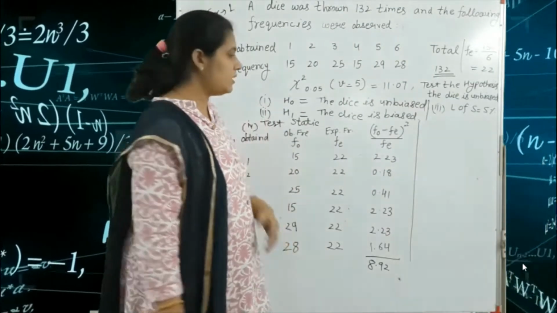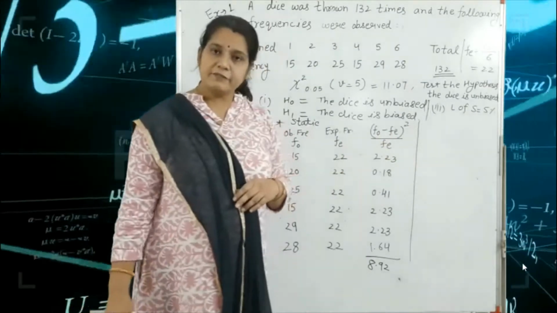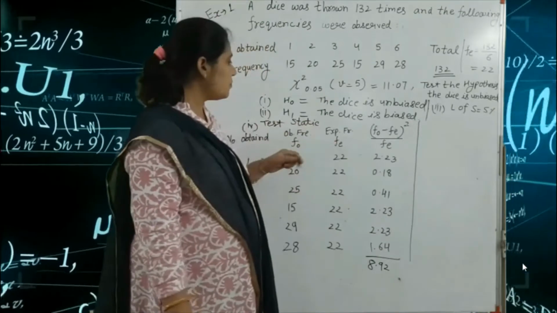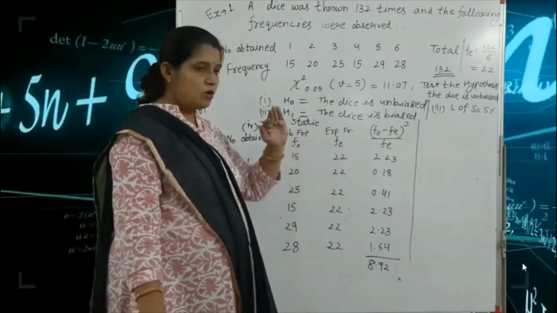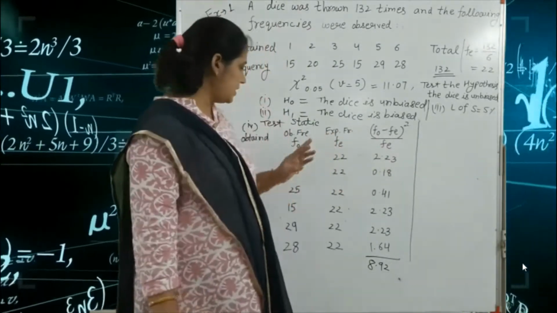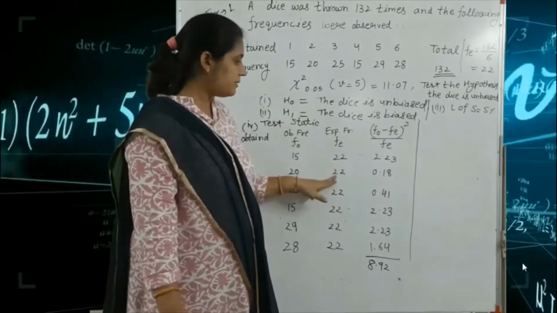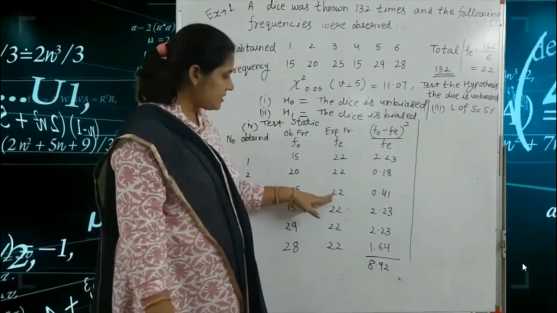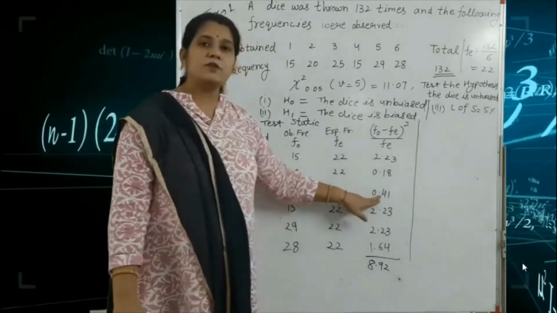Our formula is the observed frequency minus the expected frequency, whole square, divided by Fe. So Fo minus Fe, that means 15 minus 22 whole square divided by 22, we get 2.23. Then 20 minus 22 whole square divided by 22 is 0.18. 25 minus 22 whole square divided by 22 is 0.41.